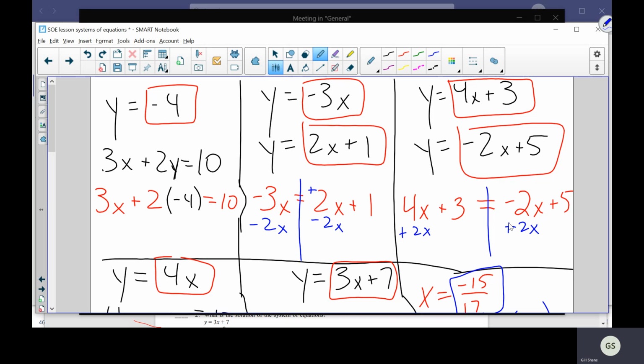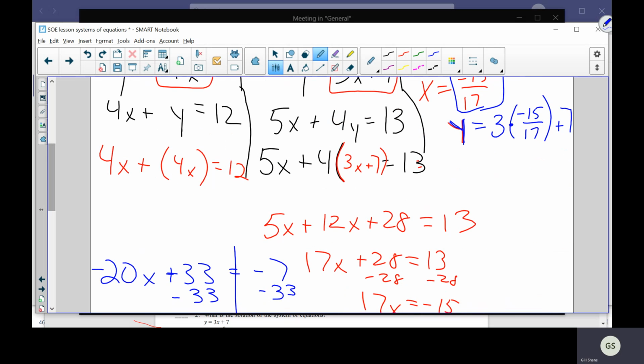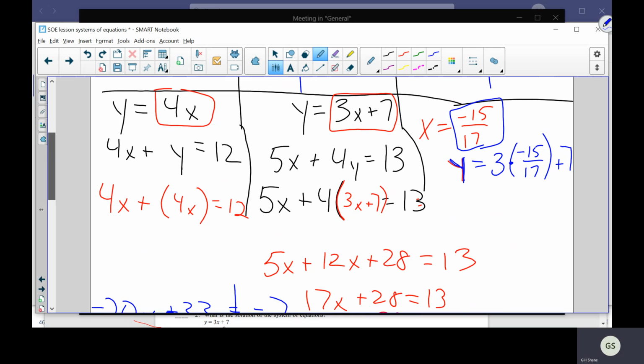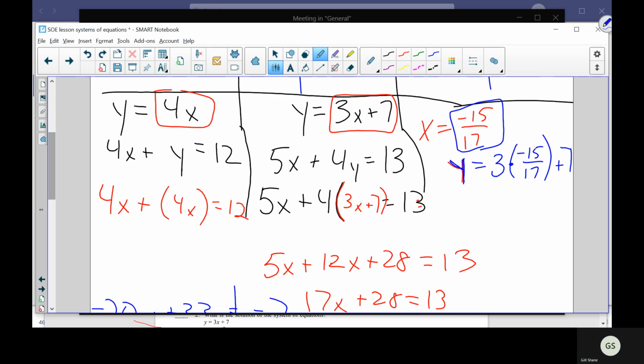The other worksheet had a whole bunch of them. Like the first 10 or 11 problems, y was by itself in every equation. So if you want to use the other worksheet to practice this a little bit, you can do that. This worksheet is going to be better for practicing the ones like this here, where you have one equation with a whole bunch of stuff and then one where the variable's by itself.